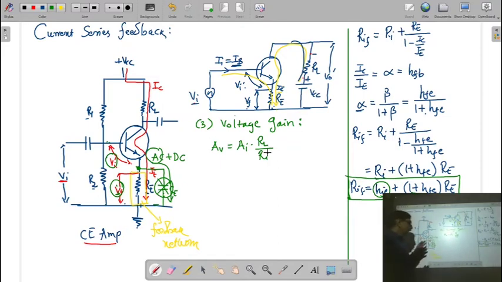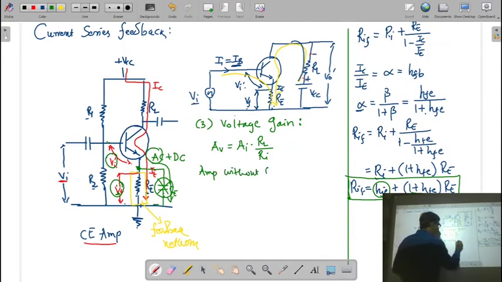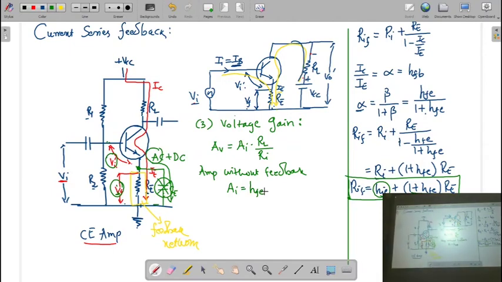Now, if you are talking about an amplifier without feedback, then we can write AI is nothing but the current gain, and the current gain of the amplifier is HFE, minus HFE actually. And what is RI? RI is HIE.